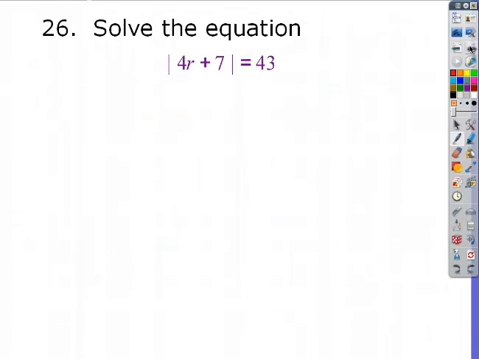Problem number 26. Solve the equation, and if you notice, this equation is a little bit more involved, but it's the same basic process. So the first thing you're going to want to do is split it into its two equations. The first one, nothing changes. So your first equation will match exactly with what the original is without the absolute value.